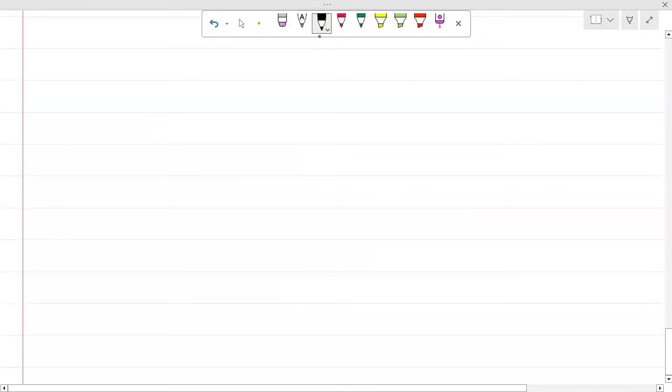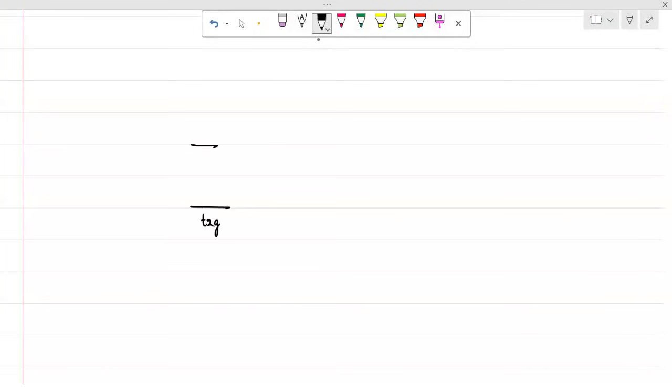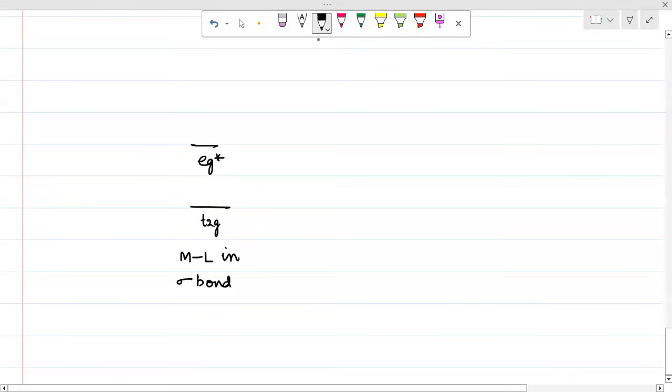Now we need to learn how do we see them in a MO diagram. Okay, so already we know that if you have a sigma system, you have T2G over here and you have EG star over here. This is something that we know. Correct? This is the position of ML in sigma bonded or octahedral complex.